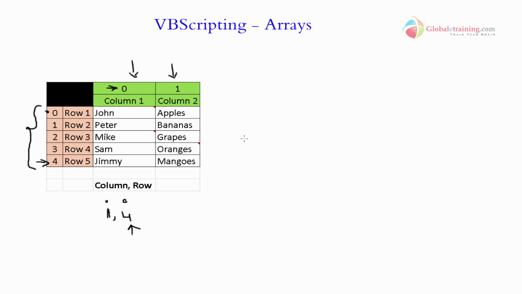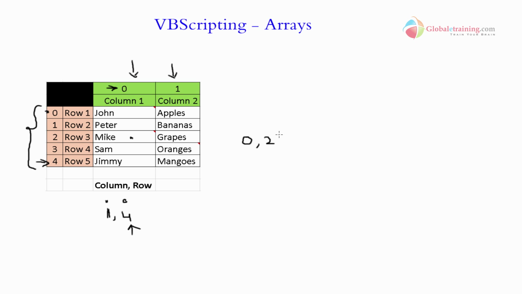Similar to the single dimensional array, we use a way to get to a certain element within this particular array. Say for example Mike, it's always column comma row. So to get to Mike, the index of the column is 0 and the index of the row is 2.